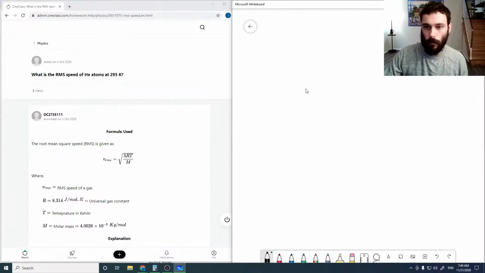Okay, so for helium atoms, what is the RMS speed at 295 Kelvin?